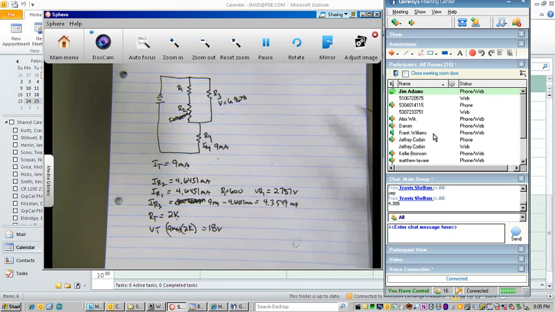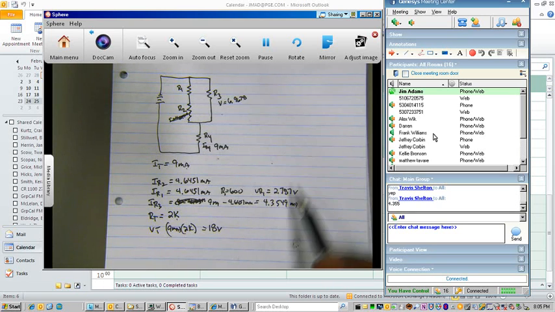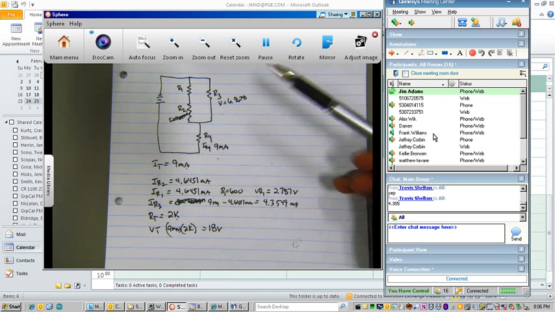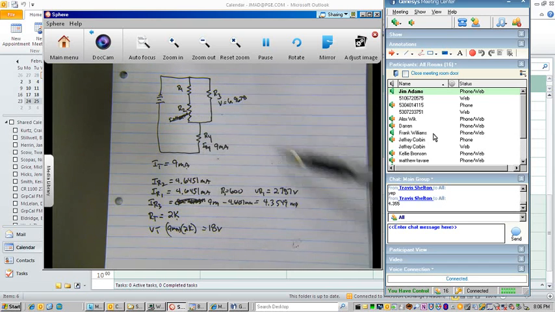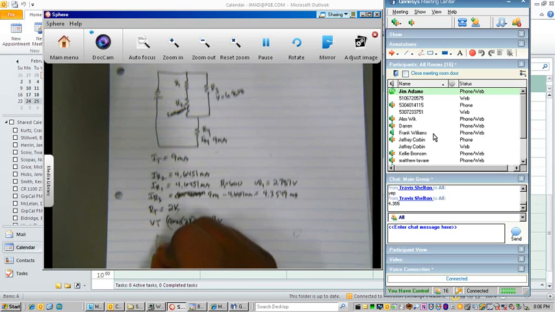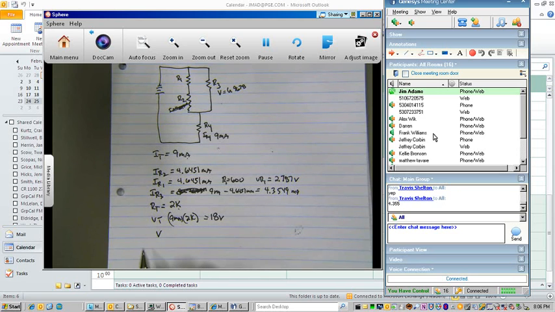Okay, so right here, we know that the voltage across R3 is 6.9678, right? We also know the voltage across R1 is 2.787. So the voltage across R2 would be 6.9678 minus the voltage drop across R1 of 2.787.